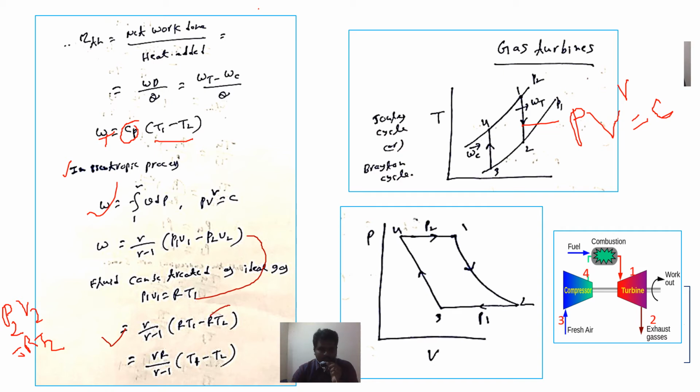Here R is the gas constant. Taking R common, it is gamma R by gamma minus 1 into T1 minus T2. So in the above equation, Cp is gamma R by gamma minus 1.